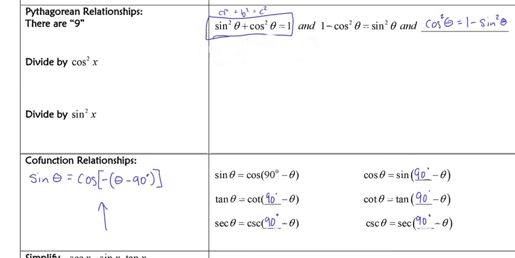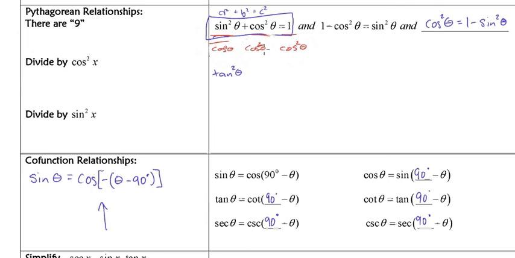So we're going to divide by cosine squared theta, cosine of theta squared, and cosine of theta squared. So dividing all 3 of the terms. Well, what is sine squared theta divided by cosine squared theta? And we know that sine divided by cosine is tangent, so it results in tangent of theta squared.